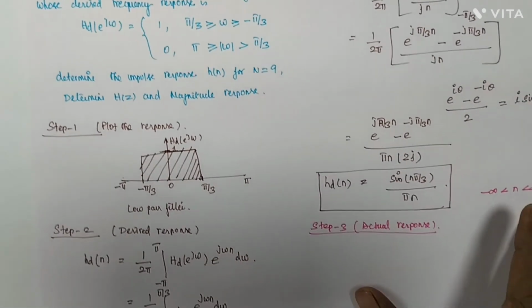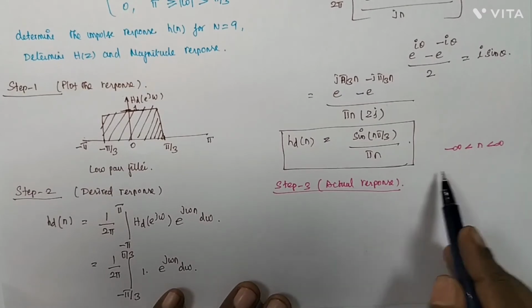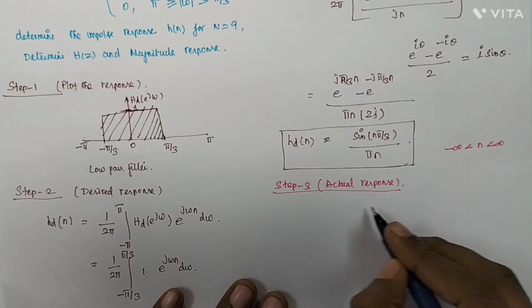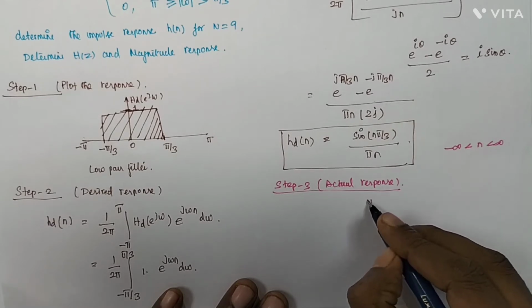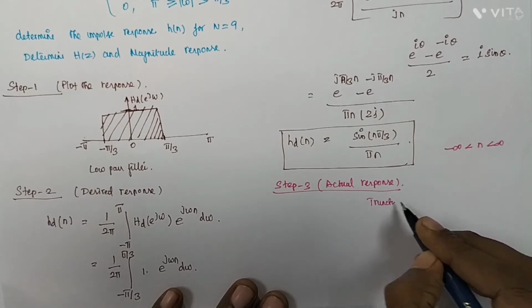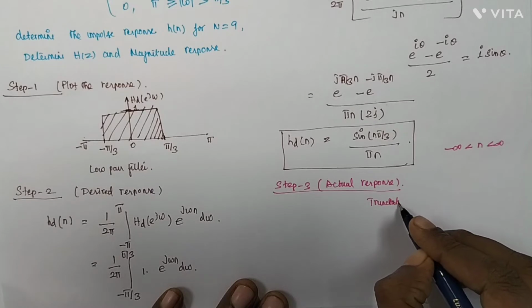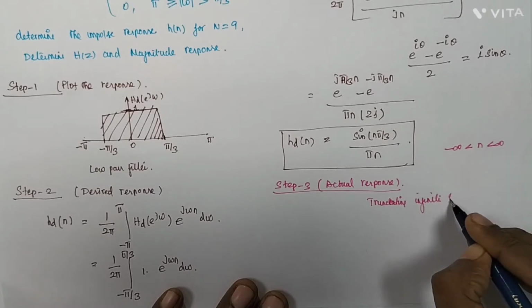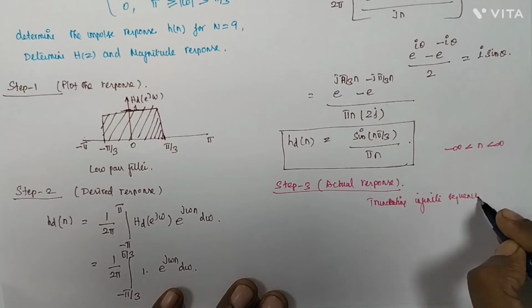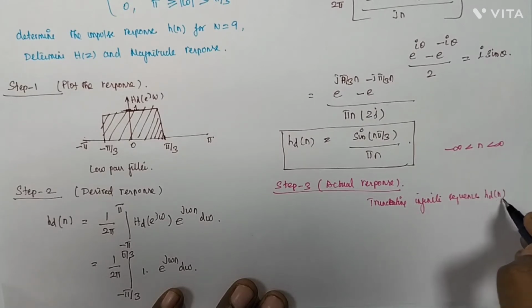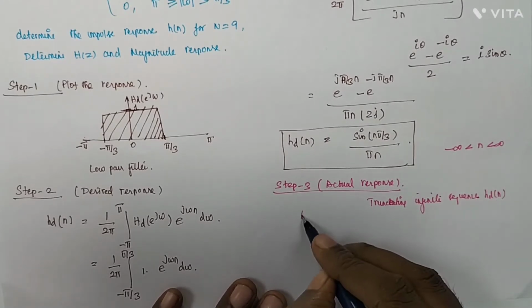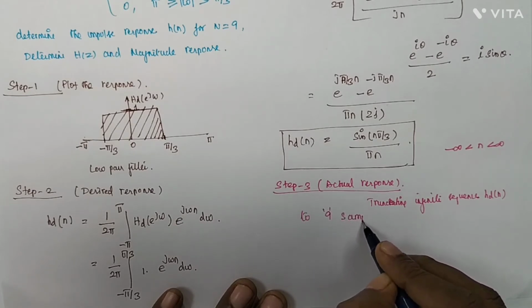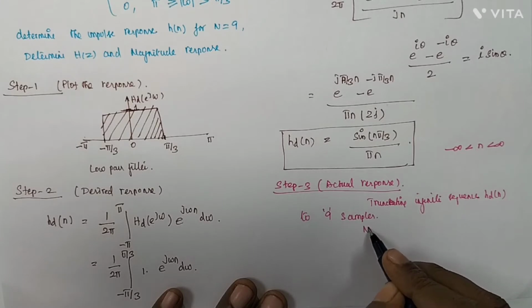That is truncating the infinite sequence to that n samples.